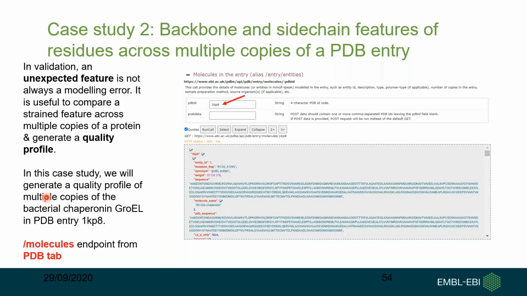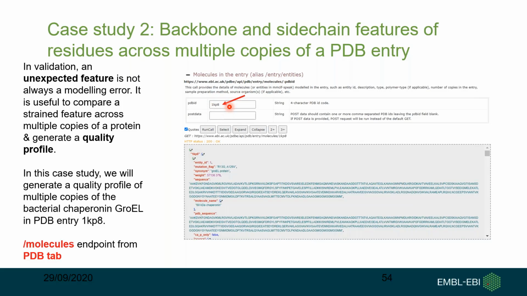In this case study, let's generate a quality profile of multiple copies of a bacterial chaperonin called GroEL in PDB entry 1kp8. So the first step is, for 1kp8, we look at how many copies there are of GroEL. To do this, go to the PDB tab and access the molecules endpoint.